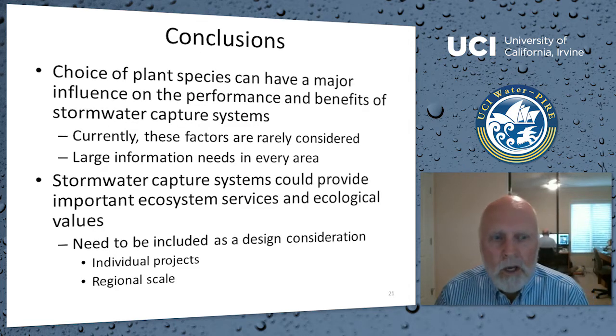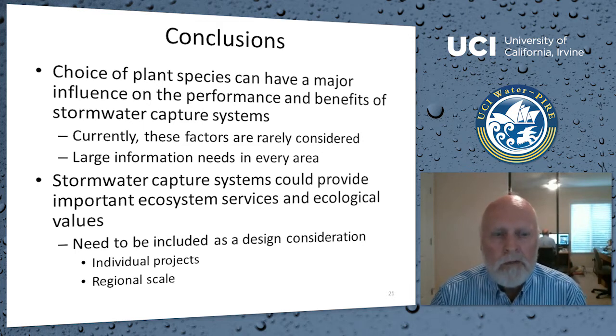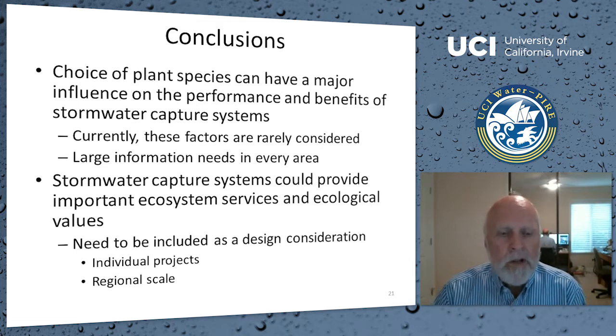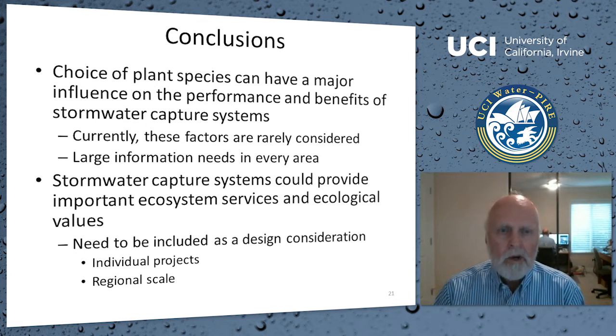Okay, so in conclusion, the choice of plant species can have a major influence on the performance and benefits of stormwater capture systems. Right now, when plants are selected, they virtually never consider the things that I talked about here. A little bit of maintenance maybe, and beginning to worry a little bit about what species will actually provide better function, although there's not much data on that.